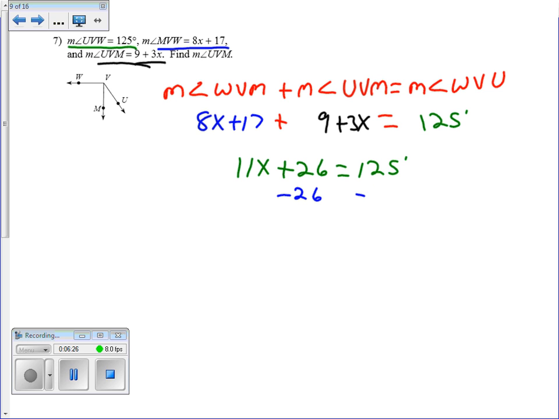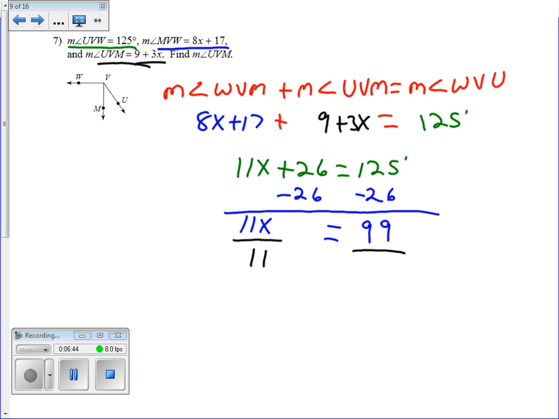Subtract 26 from both sides, and you get 11x equals 99. Divide each side by 11. X equals 9. Did I answer the question? No, I have to find UVM.